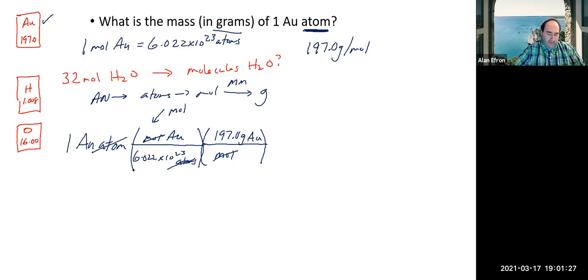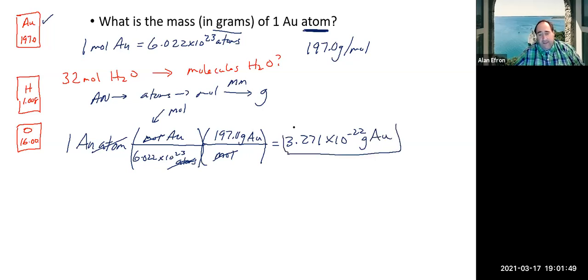We're basically taking 1 times 1 times 197. We're dividing by Avogadro's number. Make sure, again, you use your exponent button. And it ends up with something like 3.271 times 10 to the minus 22 grams of gold.